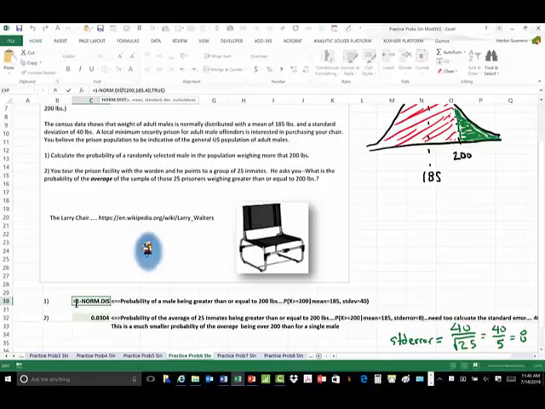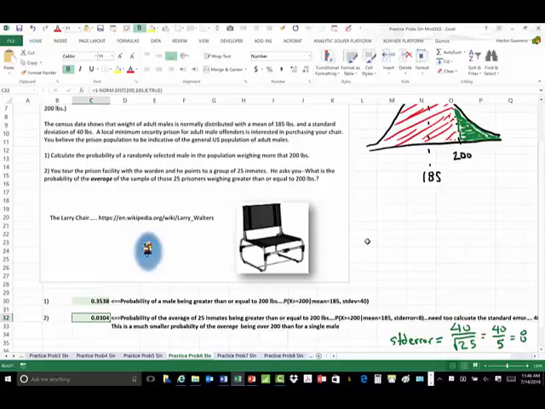Then we subtract this from 1 to get the probability of encountering a man weighing 200 pounds or over. And we can see from that calculation that it's about 35.38%.